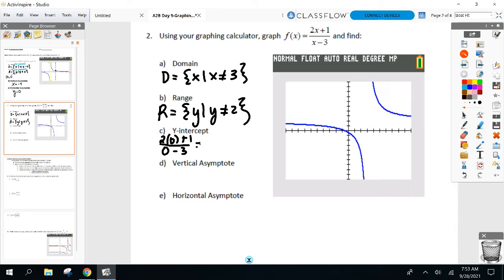Now figure out what it is. 2 times 0 plus 1 over 0 minus 3. You get 1 on top, -3 on the bottom. So my y-intercept, ready? (0, -1/3). All right, it wasn't -1/2, it was -1/3.